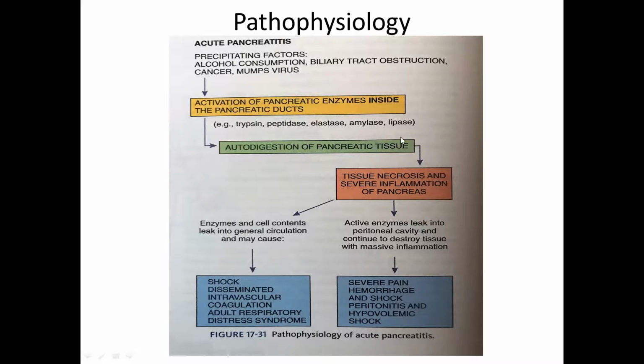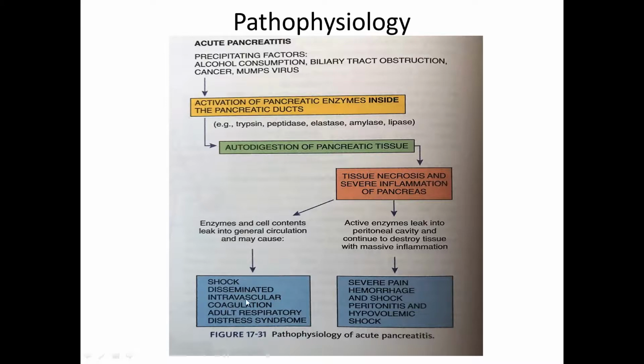This results in tissue necrosis and severe inflammation of the pancreas. This condition is known as acute pancreatitis. Following that, when acute pancreatitis progresses or goes to the chronic form, we can see patients who present with shock and disseminated intravascular coagulopathy.